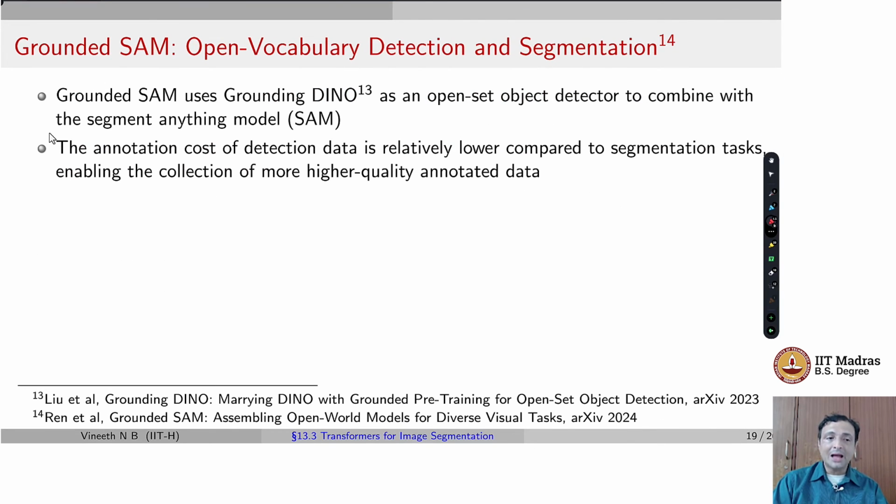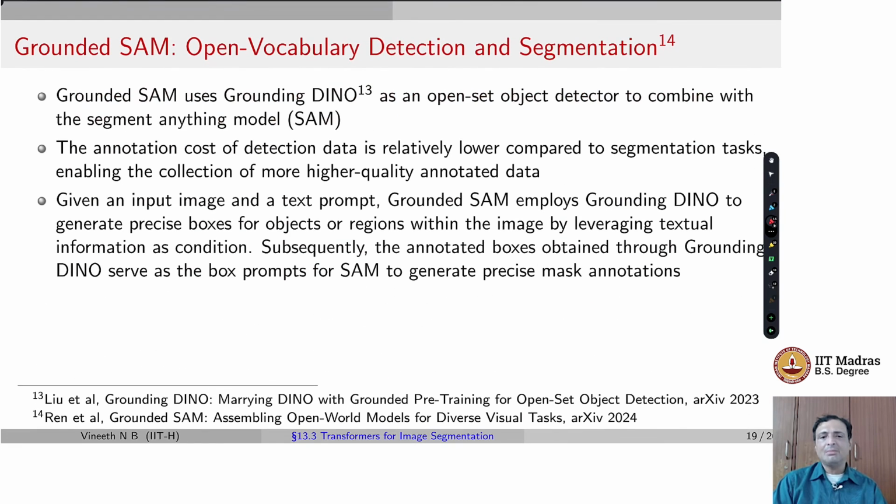We know that the annotation cost of detection is significantly lesser than segmentation because we only need rectangular bounding boxes, not very specific masks. And Grounded SAM tries to employ this approach where it uses Grounding DINO to get bounding boxes, and those bounding boxes are then fed into SAM to generate precise mask annotations.